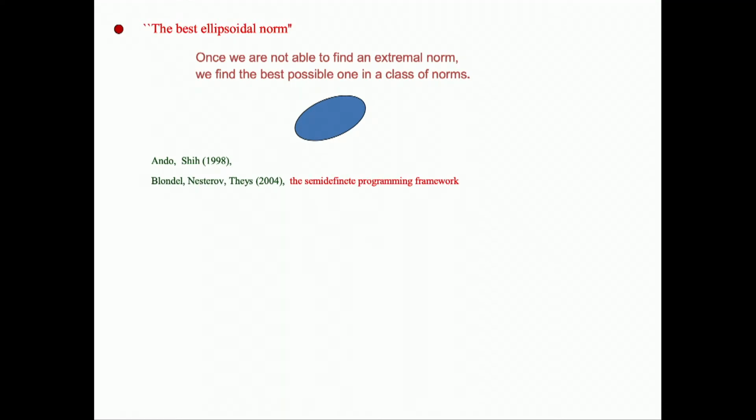Of course, it's impossible to get a good approximation, because there's no guarantee that our convex body will be close to some ellipsoid. But at least some upper and lower bounds have been computed. Jungers, Blondel, and myself introduced the conic programming approach to compute not the best ellipsoidal norm, but a piecewise ellipsoidal norm, and the situation slightly improved.